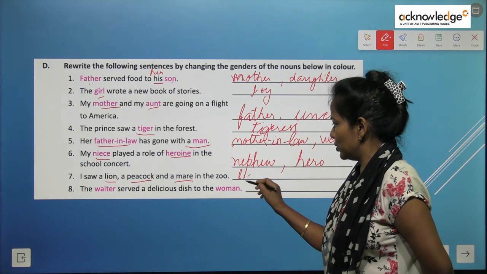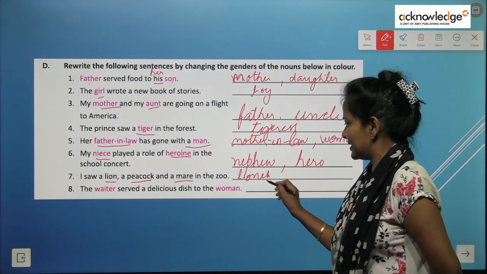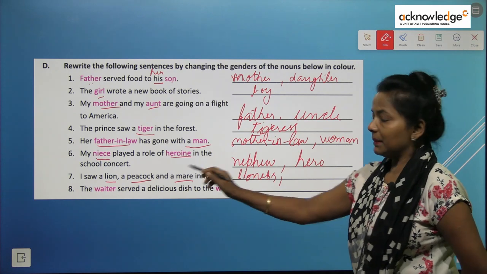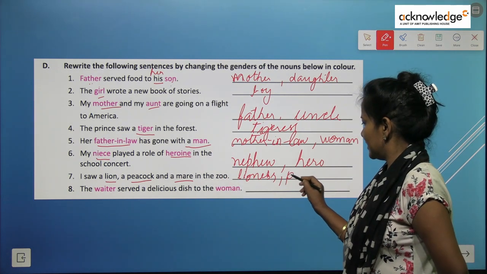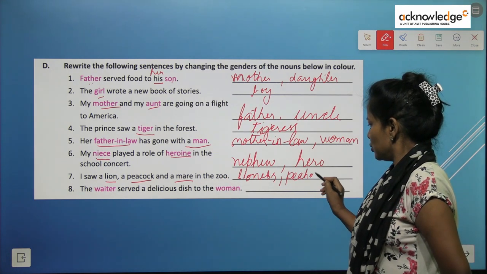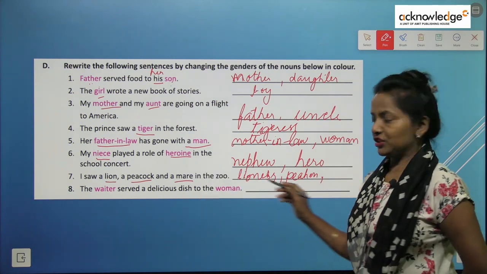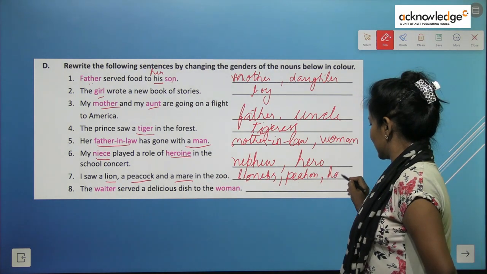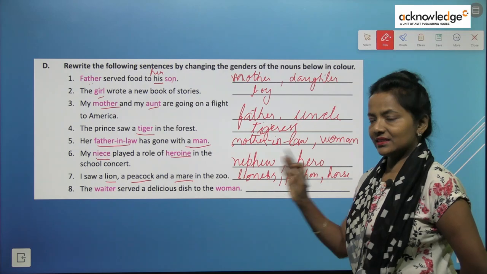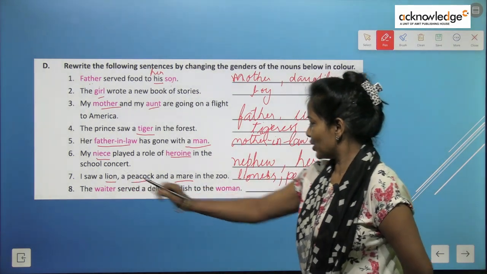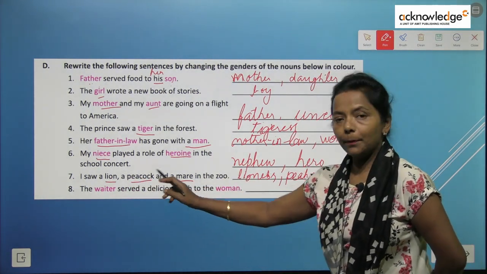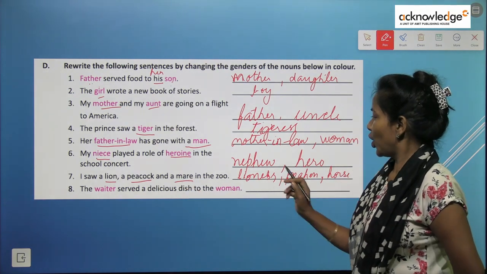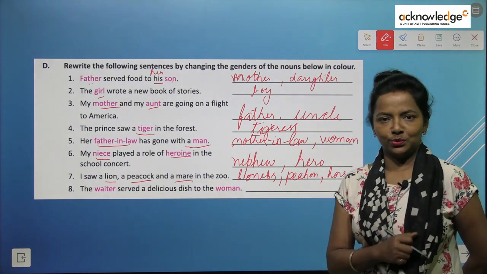Lioness. L-I-O-N-E-S-S. Lioness. Fine. Peacock changes to peahen and mare changes to horse. Fine. Now let's read out this sentence. I saw a lioness, a peahen and a horse in the zoo.